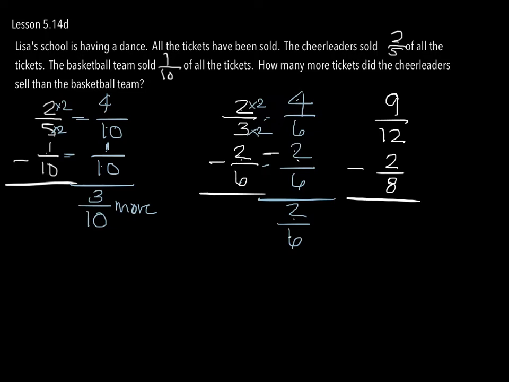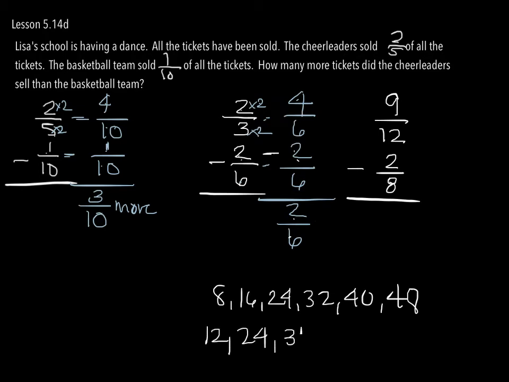I'm just going to do this down at the bottom because I'm going to erase it when I'm done. I'm going to start counting by 8s. 8, 16, 24, 32, 40, 48. I think that should be enough. Now I'm going to skip count by 12s. 12, 24, 36, 48. What we've done, boys and girls, is we've listed the multiples of 8 and the multiples of 12.